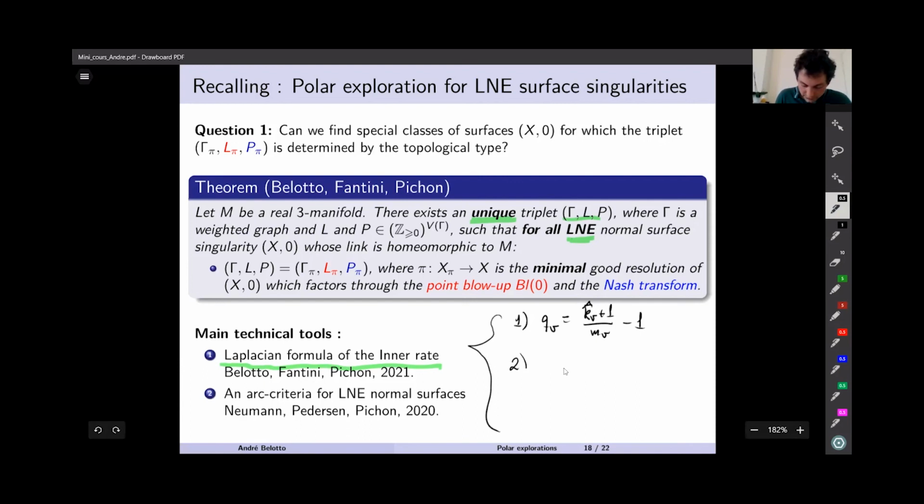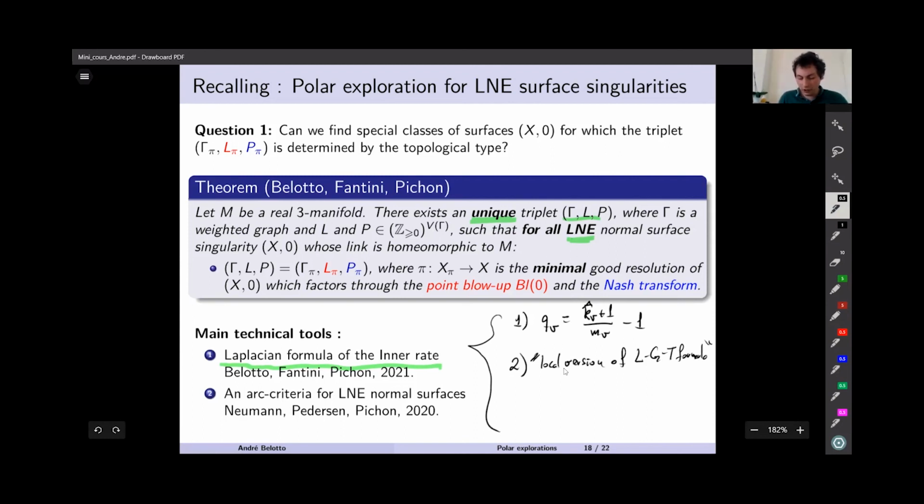And the second point is that the Laplacian formula of the inner rate, what Lorenzo presented in the first end, can be seen in some sense as a local version, local on the graph, of Teissier formula.